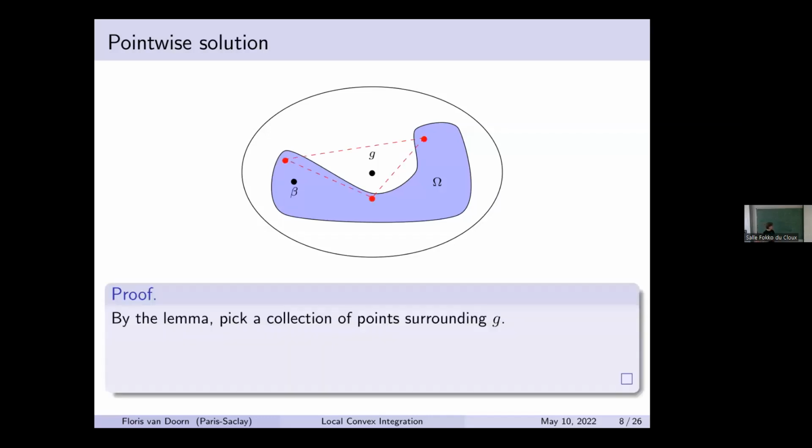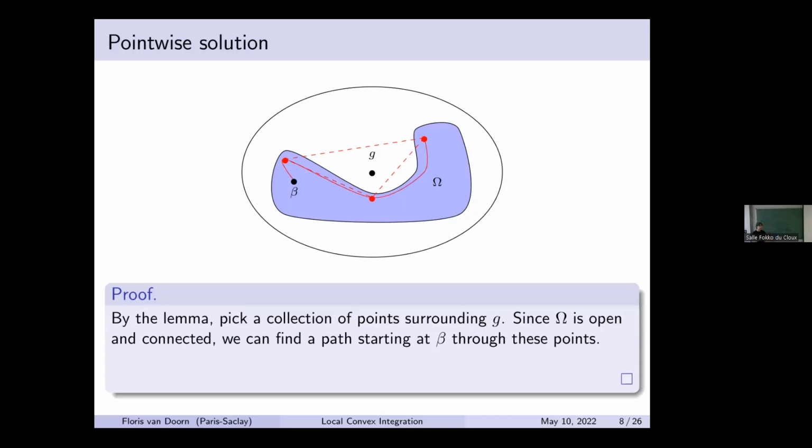And so by the lemma, we know that there's some set of points that form an affine basis, and like we have these positive weights that form G. So we picked some set of points, and because omega is connected, now we can just start at beta and find a path through all these points.